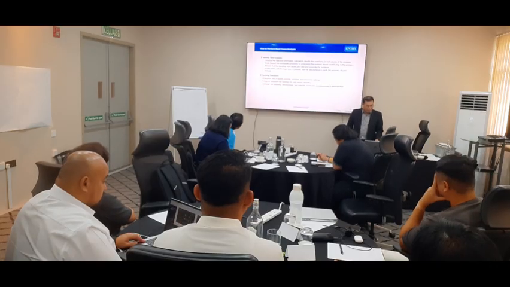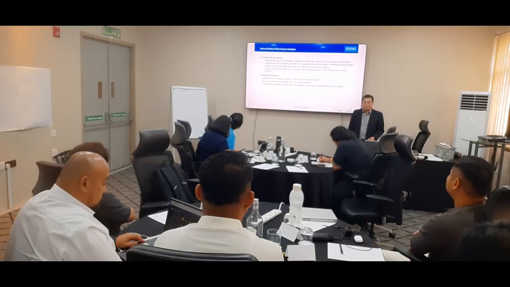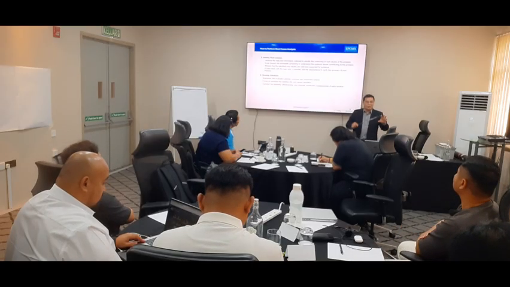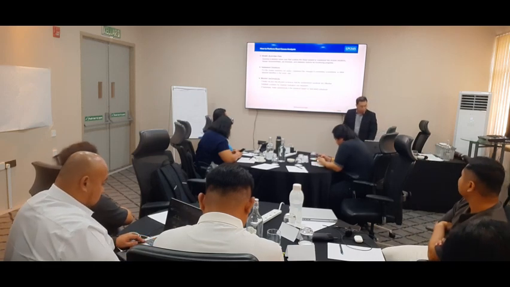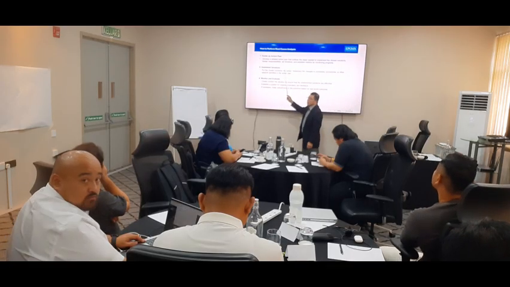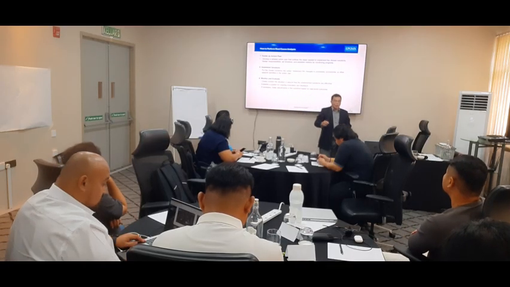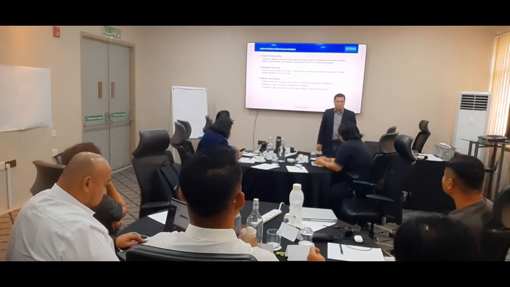And then evaluate potential corrective and preventive action. When you found something, what can be done and who to follow up. And we will learn what is a corrective action, like plan, do, check, and act.